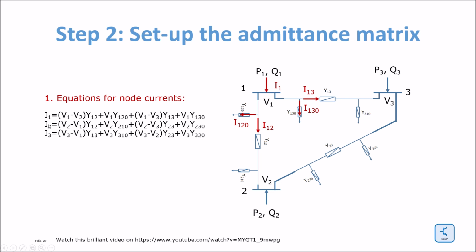So I2 is equal to V2 minus V1 times Y12 plus V2 times Y210 plus V2 minus V3 times Y23, so V2 minus V3 times Y23 plus V2 times Y230. For the I3, current on bus number 3, we get again the same pairs of equations. I will not repeat it. It's quite obvious now what has to be done. So we have now got the equations.